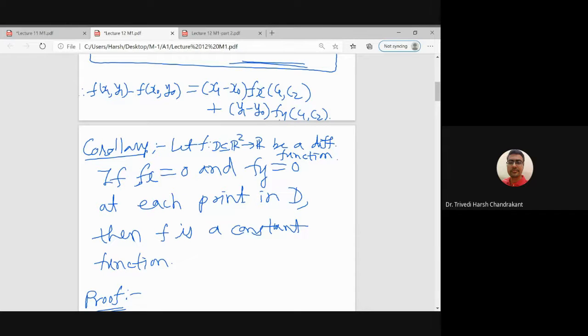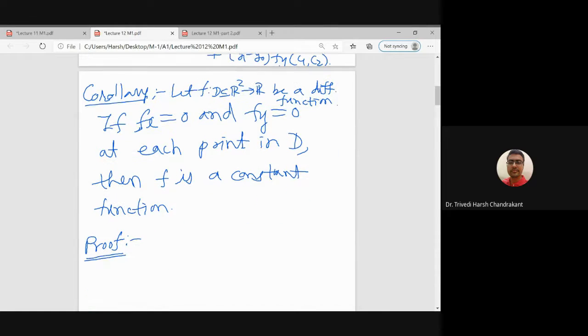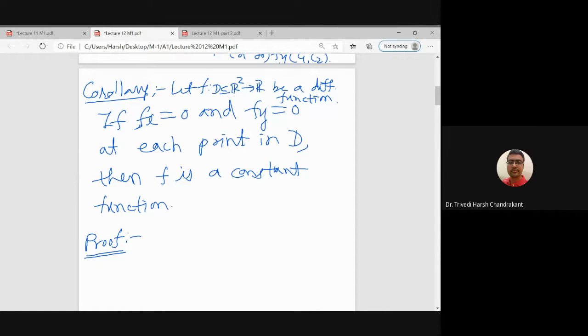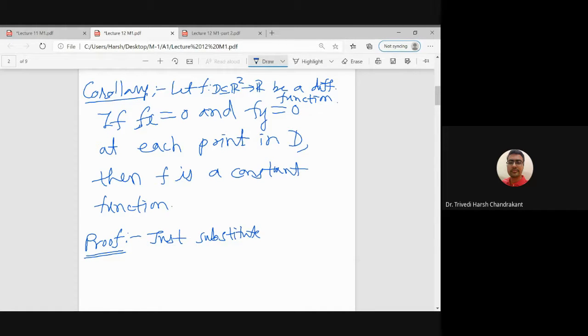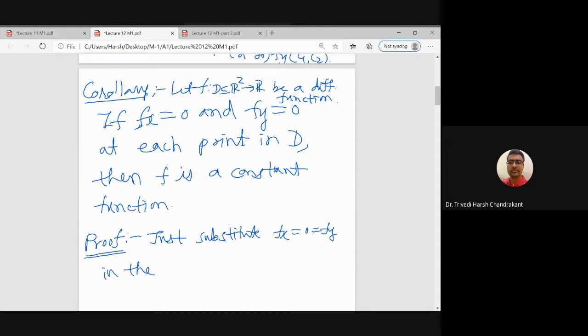Then we want to show that f is a constant function. So what we'll do is just substitute fx equal to 0 equal to fy in the mean value theorem.